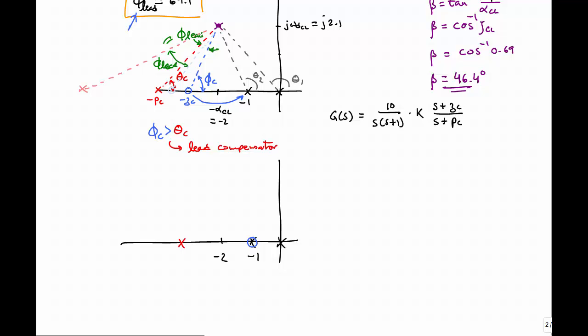Okay, so let's draw our desired closed loop pole locations right here. And what we get is the pole and the zero cancel each other.